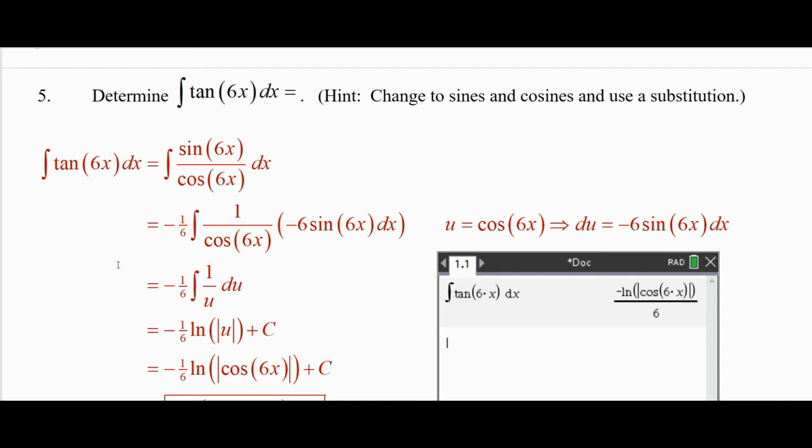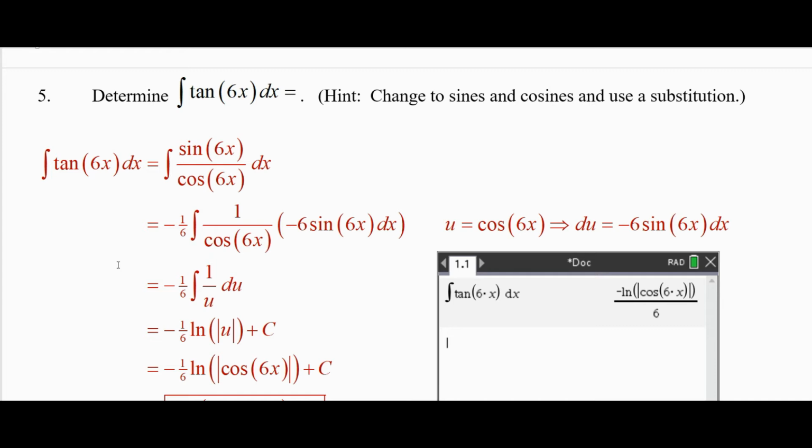Number 5, determine the antiderivative of tangent of 6x. So as the hint says, we want to change tangent of 6x to sine of 6x over cosine of 6x. If we let u be the denominator, cosine of 6x, then du is, that's like cosine of w, so you get minus sine of w times the derivative of w.